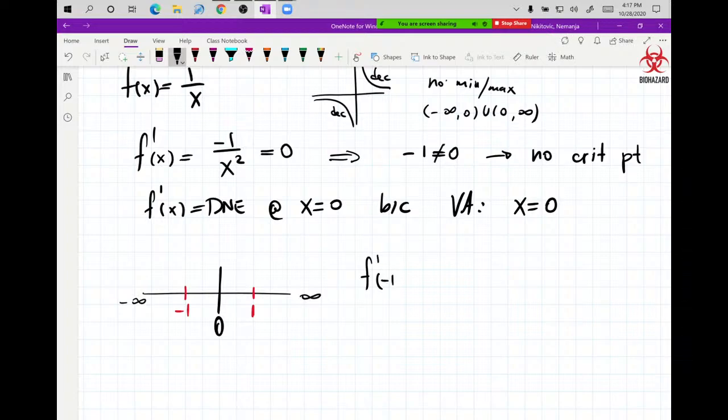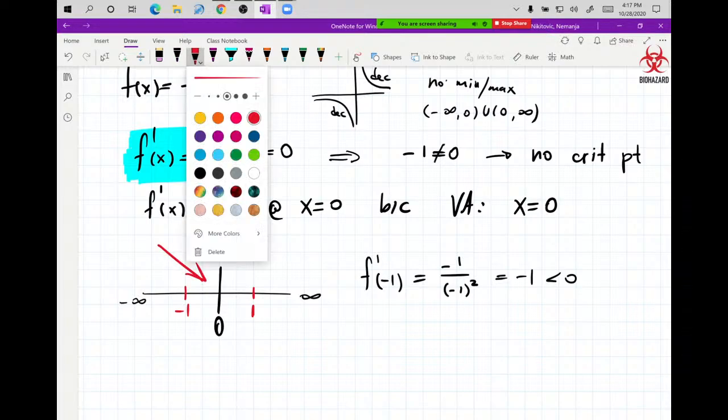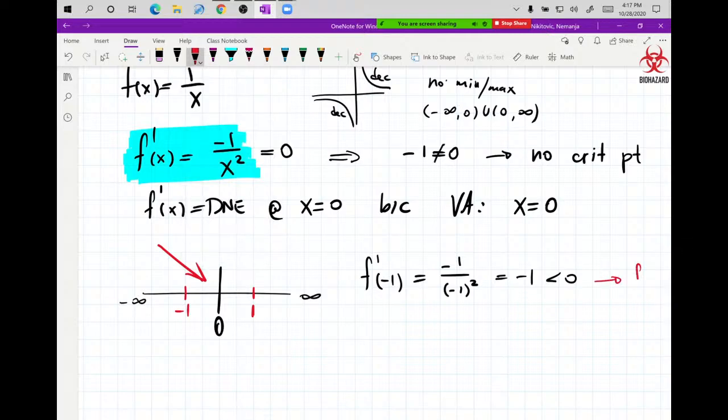So the first derivative at negative 1 is going to be negative 1 divided by negative 1 squared. This is your first derivative right here. You plug in negative 1 for x, your test point, and you get negative 1, which is less than 0, which means that the function is decreasing.